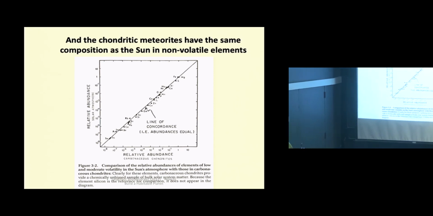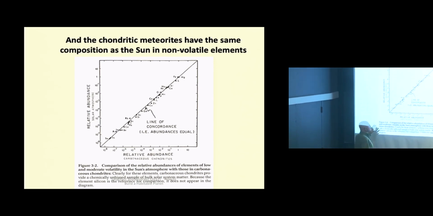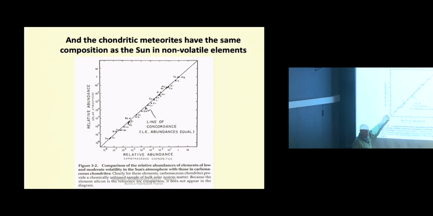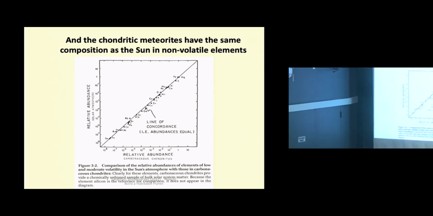But the relative abundances, the ratio of silica to iron and iron to copper and lead to zinc and so on, they're on this one-to-one line. So these chondrites coming in are representative of the sun. The sun is made up of the same kind of stuff. And they're all really, really old, the oldest things we know of, and they're all the same age.